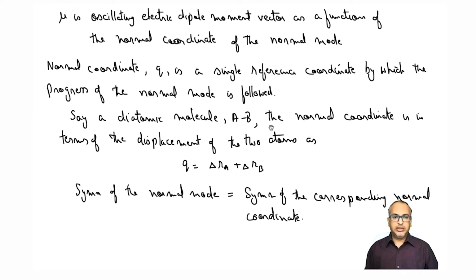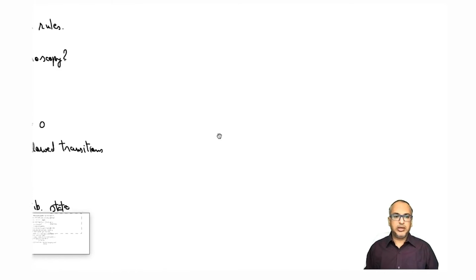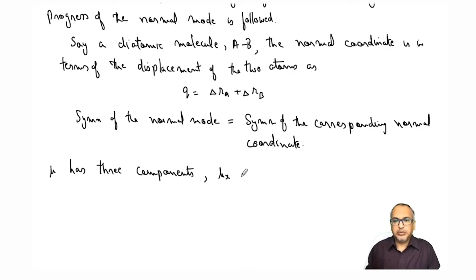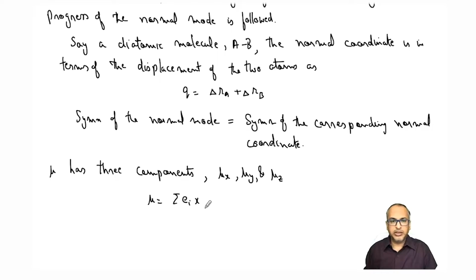Now let's see what mu is. Now mu has three components. That also we have learned earlier, right? You can express mu as the summation of mu x, mu y, and mu z. Basically mu is nothing but the summation of charges present at different Cartesian coordinate values.